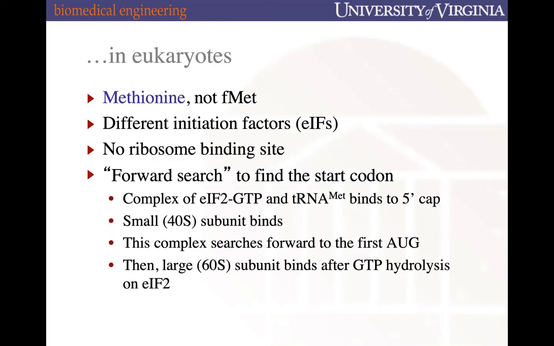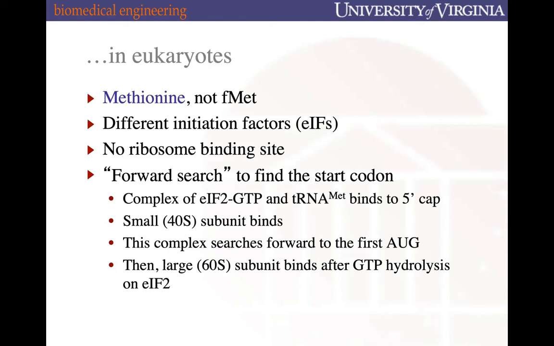And so what will occur is that a complex forms of the eIF with a GTP, and it forms a complex with the transfer RNA that encodes for methionine at the start codon. That will end up recruiting the small subunit to bind there.